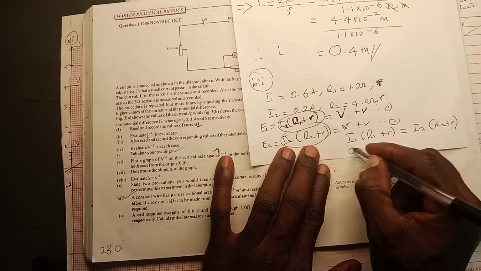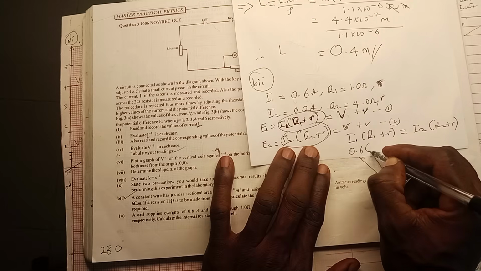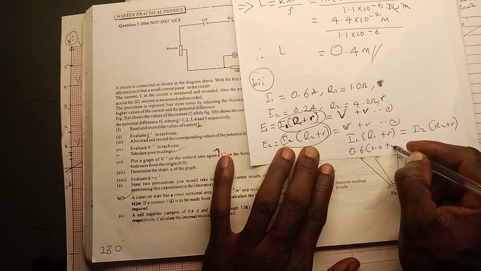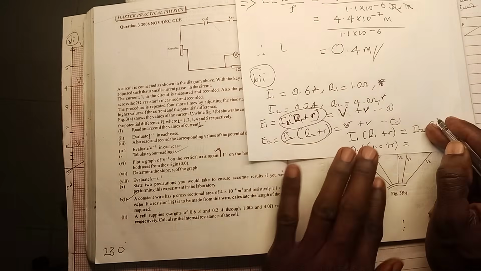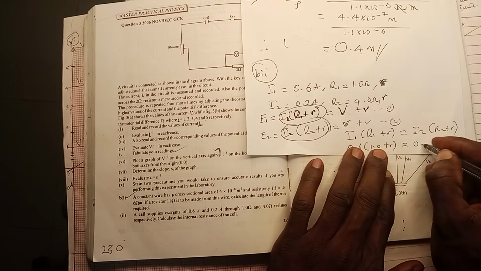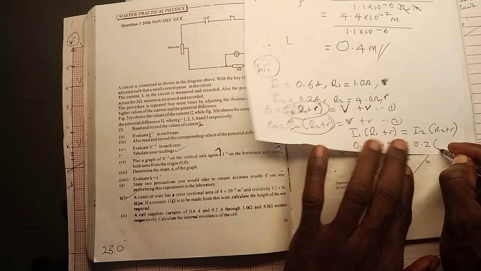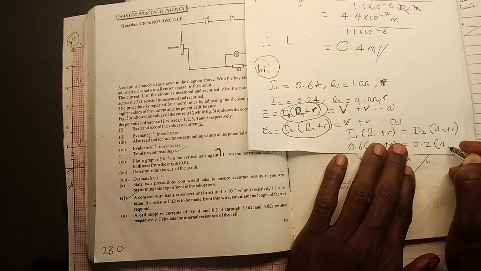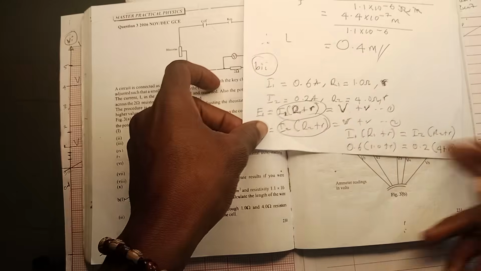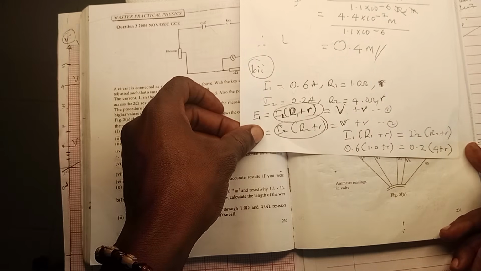Our I1 will have 0.6 into 1.0 plus R is equal to I2, which is 0.2, into 4 plus R. So you expand the bracket and you collect the like terms.